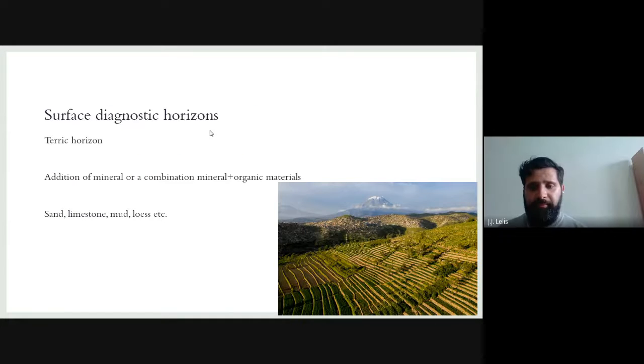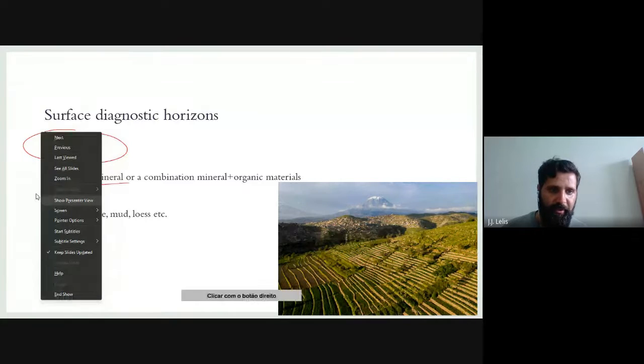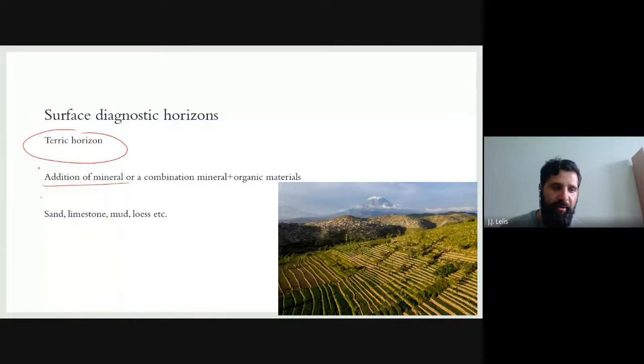Okay. Another surface diagnostic horizon that's quite important to know is the terric horizon. The terric horizon is a horizon that's formed by the addition or the mixing of mineral and organic materials that form these little terraces.